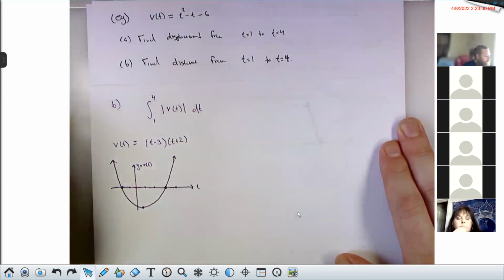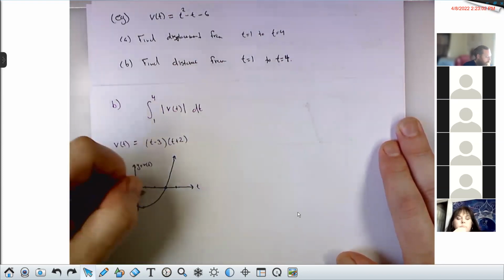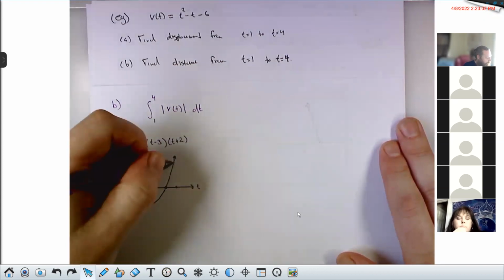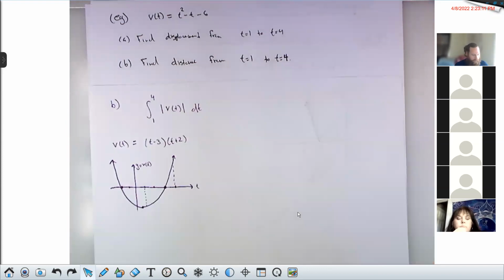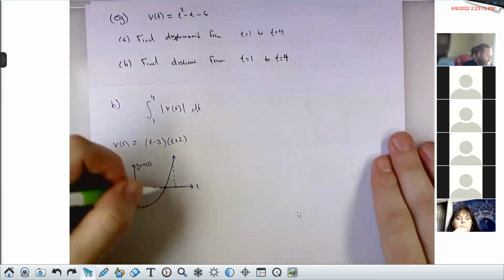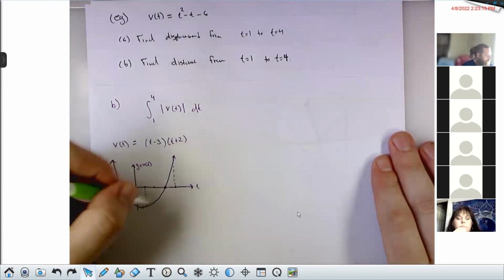So if I want to find the distance from time t equals 1 to t equals 4, that means I'm looking for the area here. And I want to make sure that I measure both of these areas as positive.